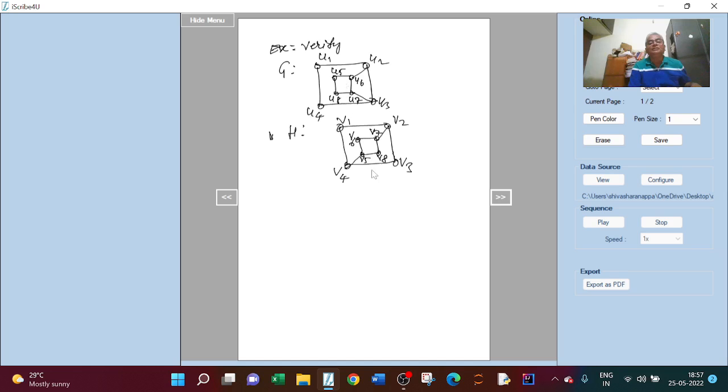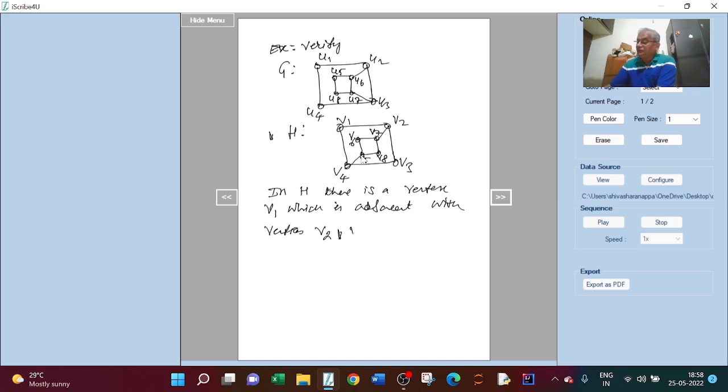So therefore these two graphs are not isomorphic. We can write the reason like this. In H there is a vertex, say V1, which is adjacent with vertices V2 and V4 of degree 3.